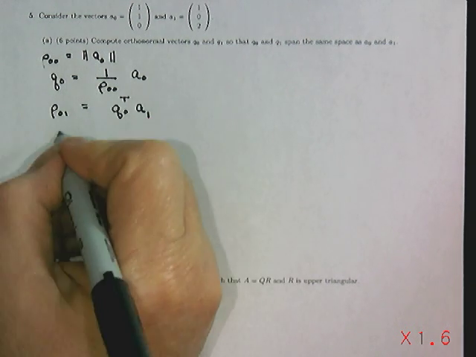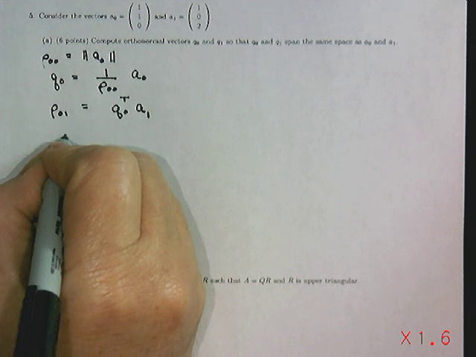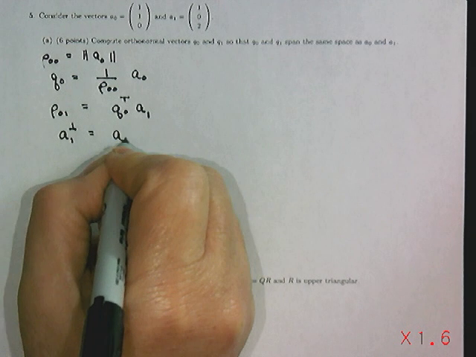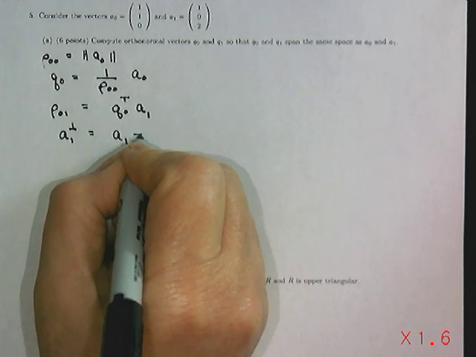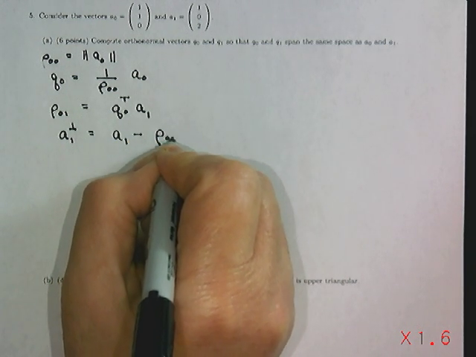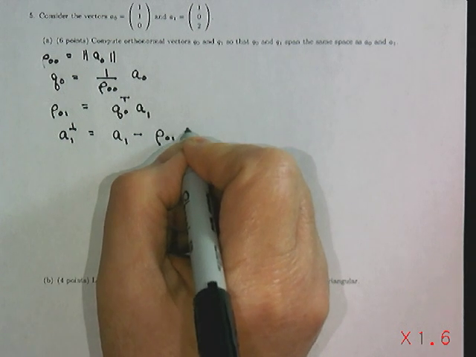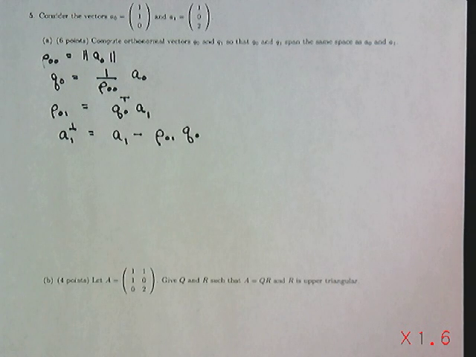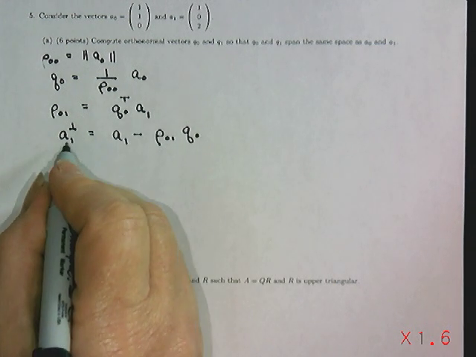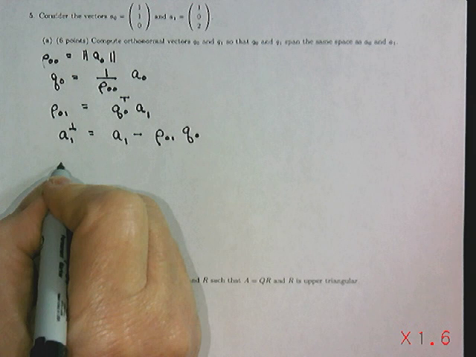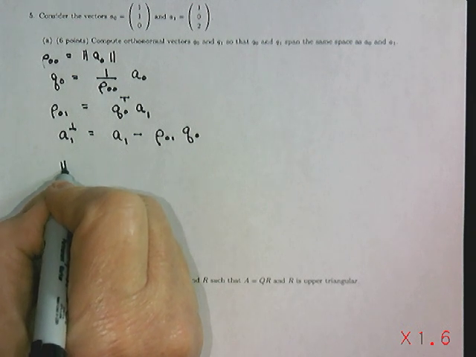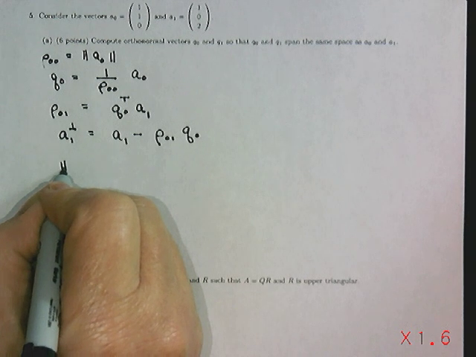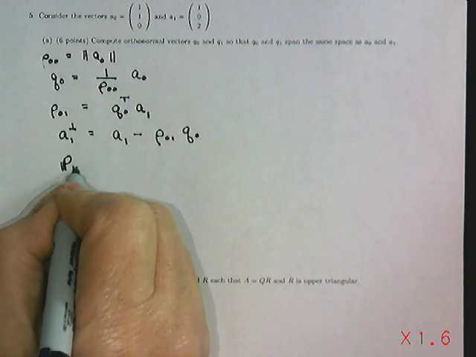The next thing we would like to do is to find a sub 1 perp, which is a sub 1 minus rho sub 0, 1 times q sub 0. After we find a sub 1 perp, we find the length of a sub 1 perp, which we'll call rho sub 1, 1.